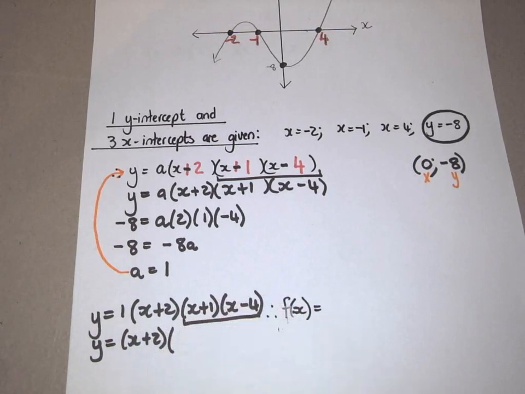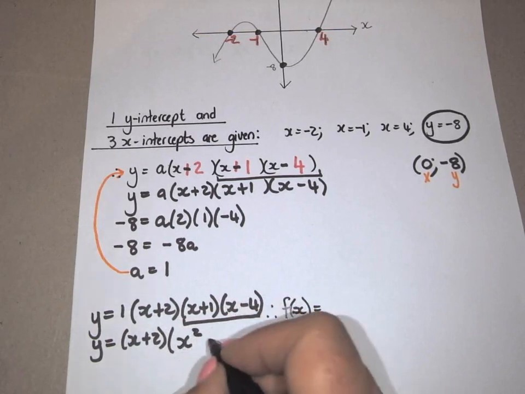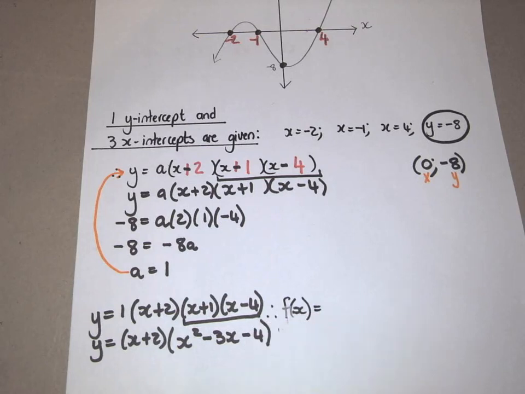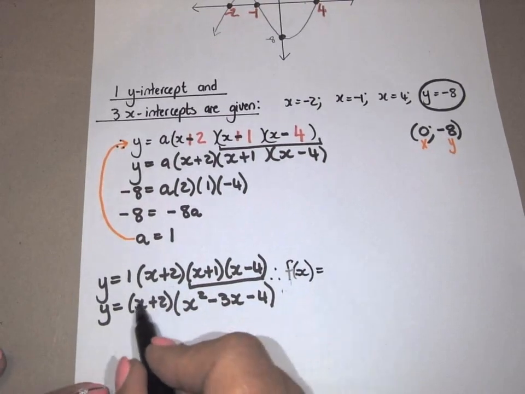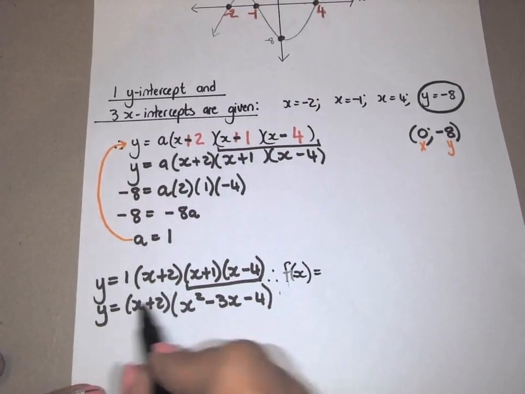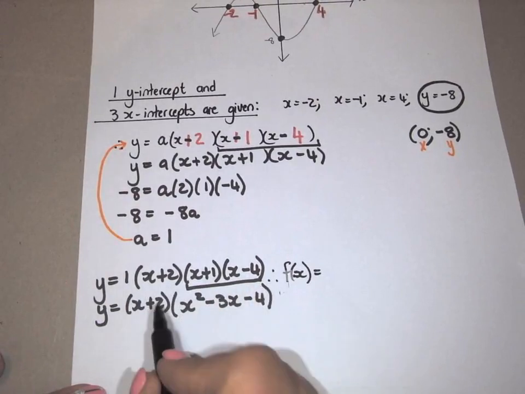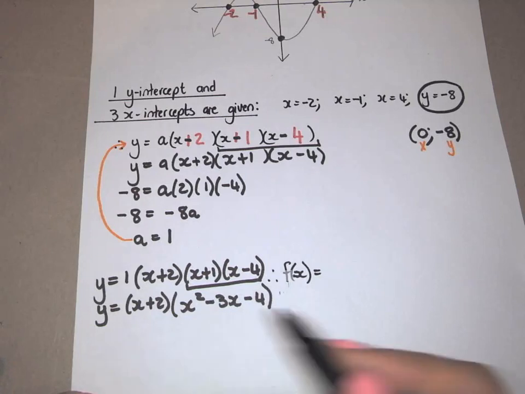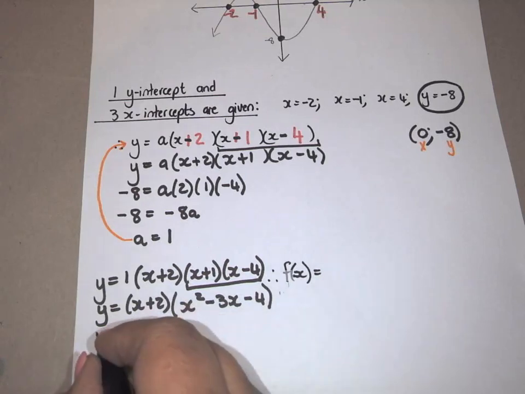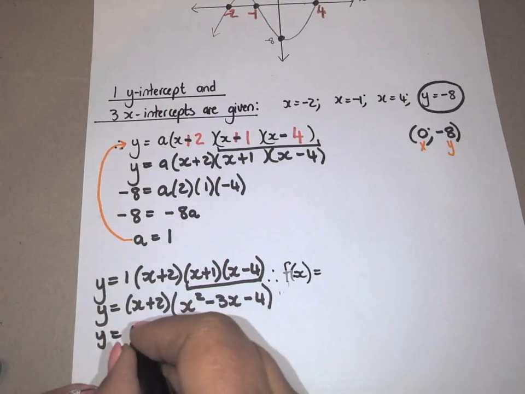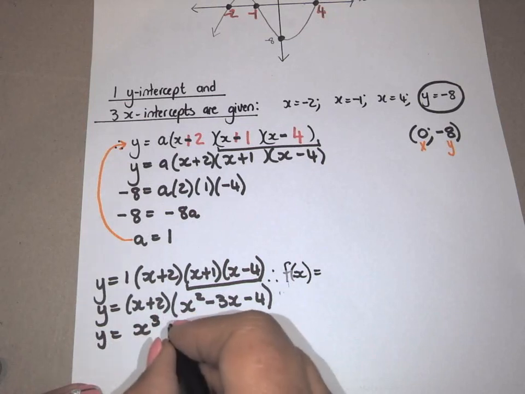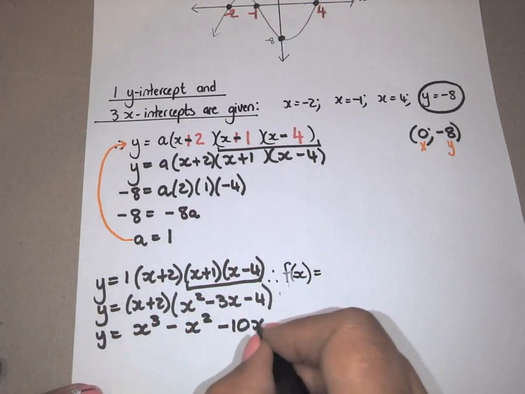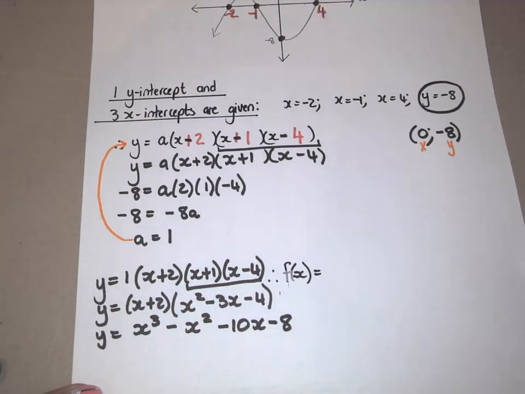Then you get a trinomial of x squared minus 3x minus 4. Now you multiply this bracket. First the x with all three terms, then the 2 with all three terms, and you add all the like terms, and then you finally get x cubed minus x squared minus 10x minus 8.